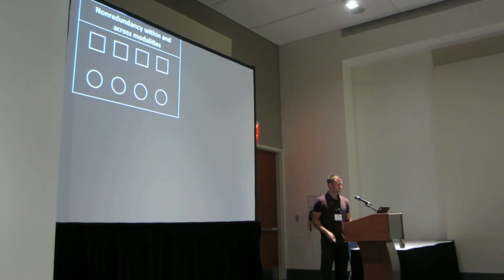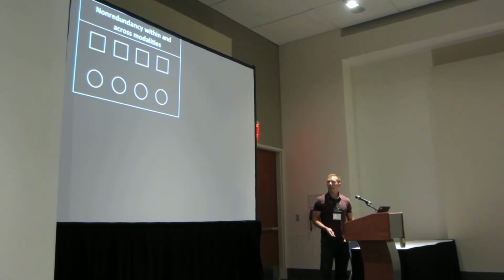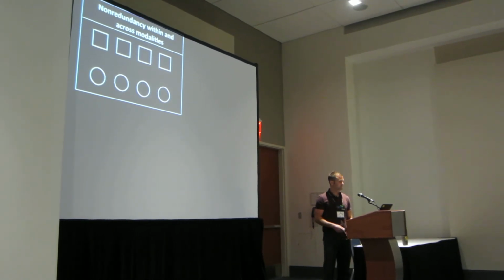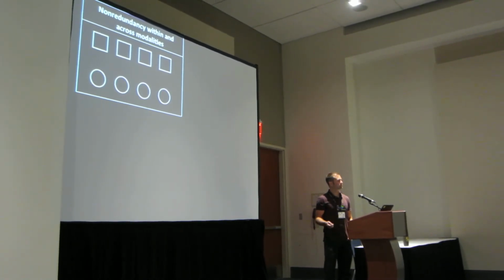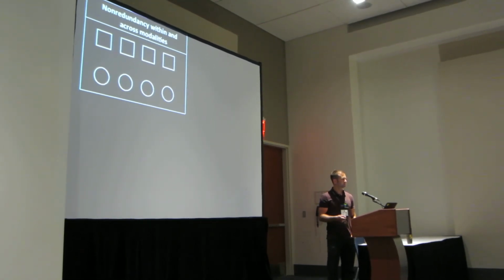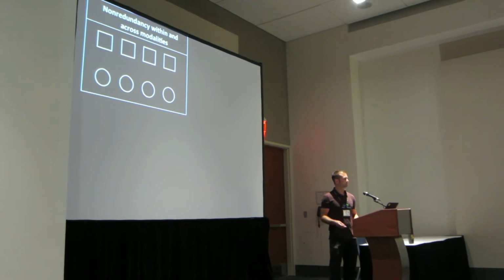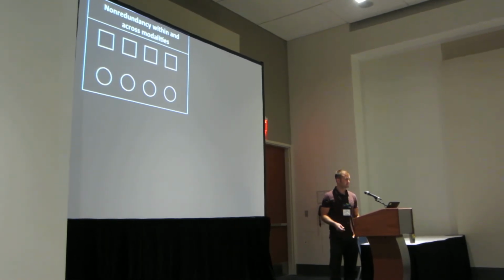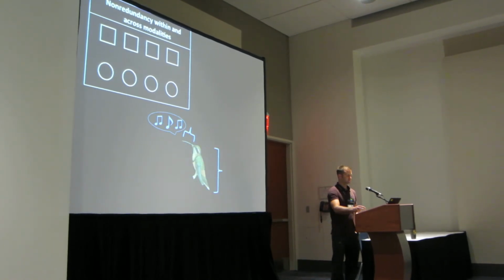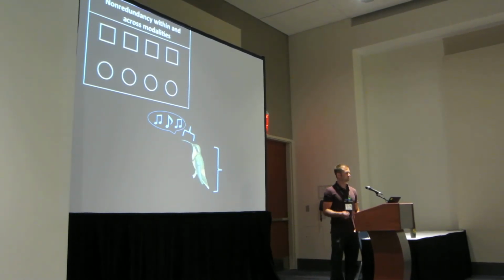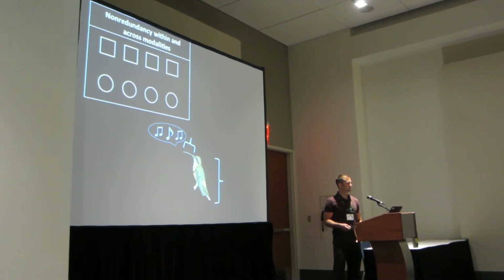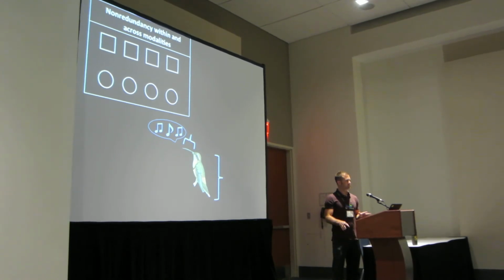So for example, in this diagram, squares represent different aspects of morphology, such as body size or bill length, and then circles represent different aspects of song, such as the frequency or pitch of the signal or the temporal patterning of the signal. And in this case, we have non-redundancy within and across modalities. So, for example, bill length is unrelated to overall body size, and pitch and trill rate are unrelated to each other. So there's no redundancy in the system.